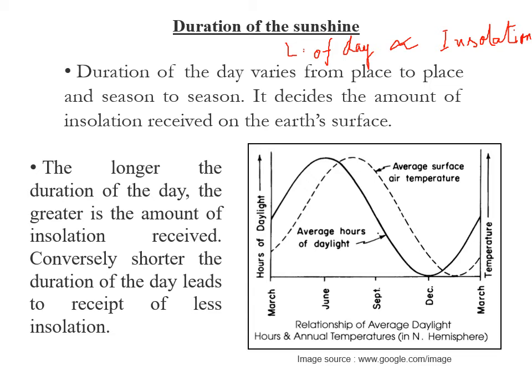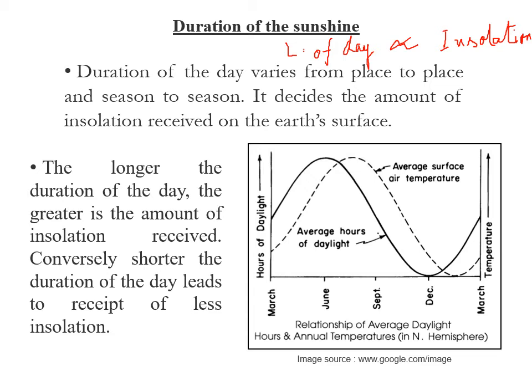Now if you look at the length of the day throughout the entire year at different latitudes of the earth, we can see that at the equator the day length is about 12 hours throughout the entire year. In contrast, at the poles the daytime varies between 0 to 24 hours.